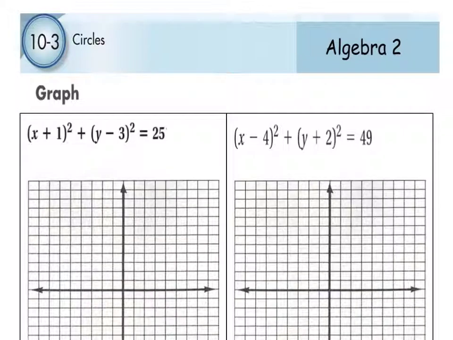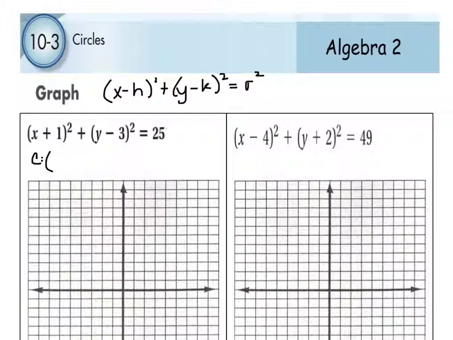As you look at these examples, first thing we want to do is identify the center. Remember, from the equation (x minus h) squared plus (y minus k) squared equals r squared, the center is always the opposite of what's shown, so it's (-1, 3). I go left 1, up 3, and put a dot.